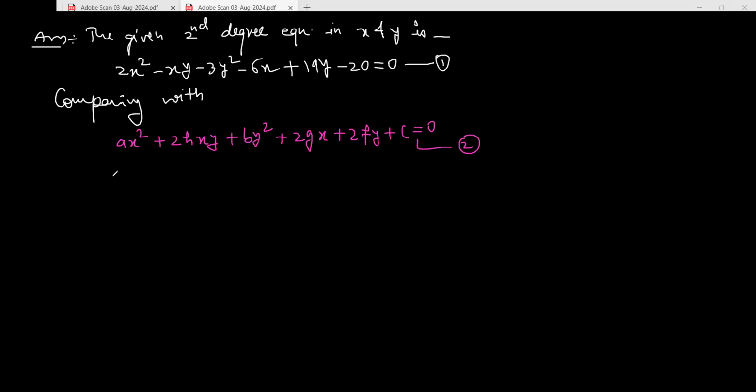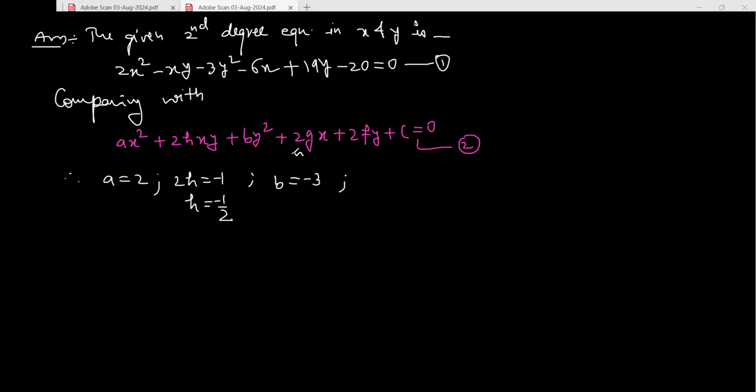Therefore a equals 2. Now 2h is minus 1, so h is equal to minus 1 by 2. Then you have b equals minus 3.